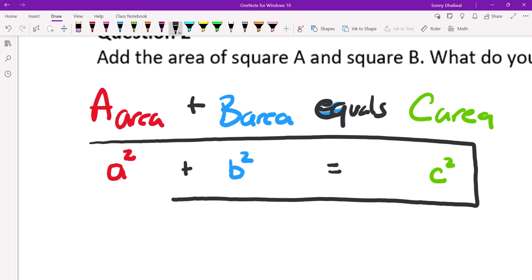Now, if you went home and said this to your parents, most of your parents would remember this. If you said, hey mom, in math, I learned a squared plus b squared equals c squared, chances are it's like, I remember that. This is one of the things that sticks in people's mind. So this is called the Pythagorean theorem. It's on the wall there. It works for right angle triangles.